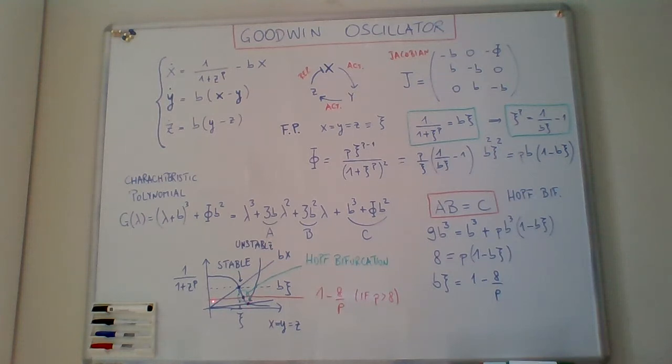Once b becomes sufficiently small, so that you are beyond this point, there you have an oscillatory region after the Hopf bifurcation.